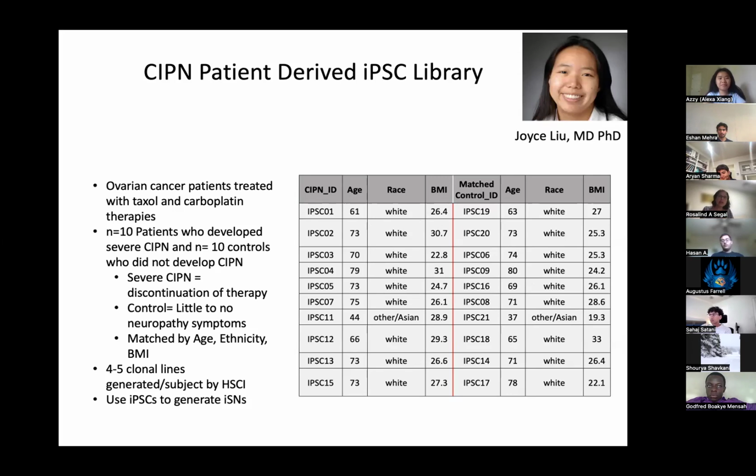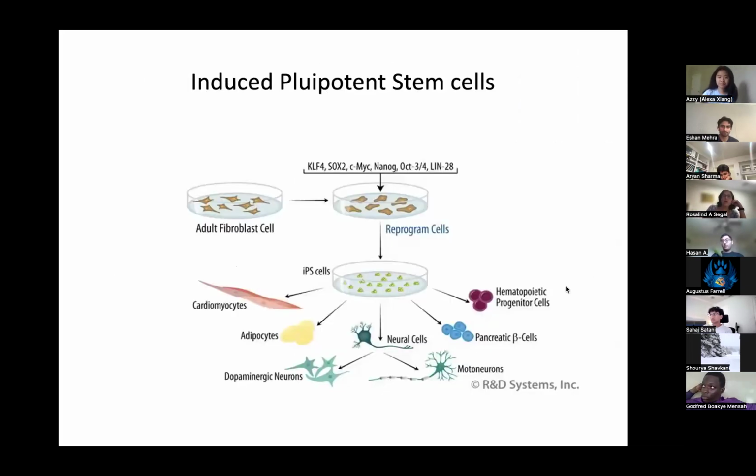And we can then take those stem cells and use them to generate sensory neurons and test the difference between our patients. So how do we induce pluripotent stem cells? This is a very quick summary of what was a Nobel Prize winning discovery by Yamanaka.